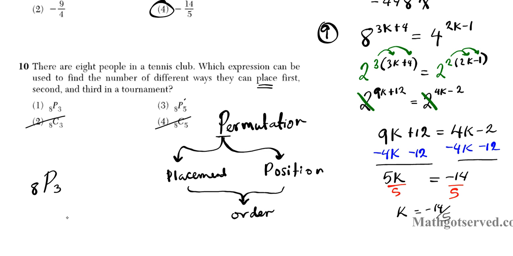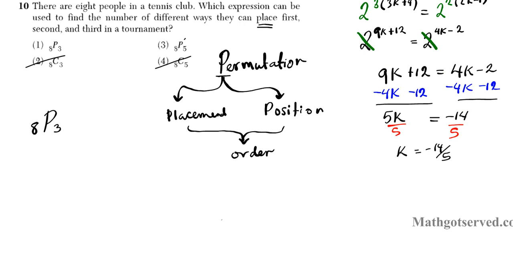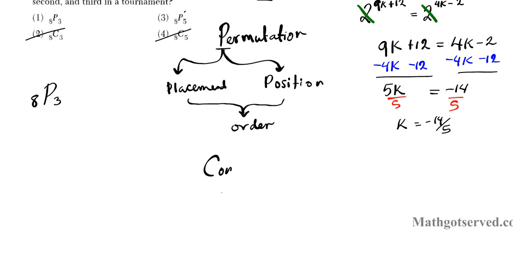If the question said, how many ways can you choose 3 players, if they said choose, then you know it's a combination. So don't forget, combination involves choice, and that has to do with there being no order.